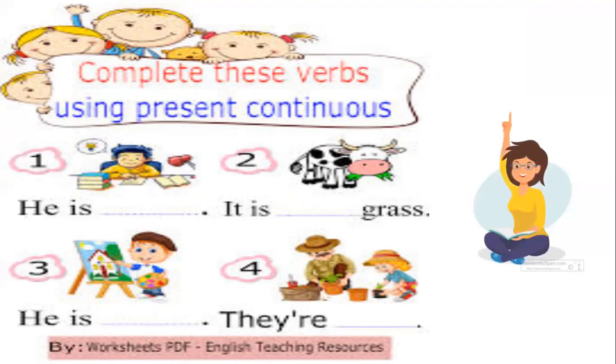Good job. Number 3, what is he doing? Very good. And the last number, what are they doing? Excellent. Well done. Now you all know how to use the present continuous. And also remember the key question, what are you doing?